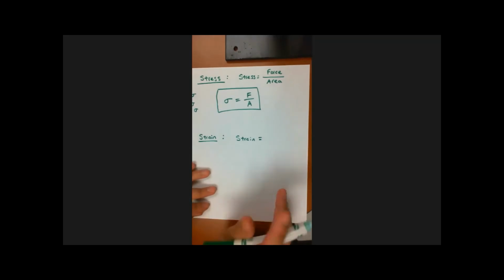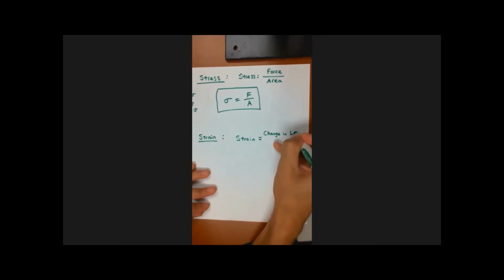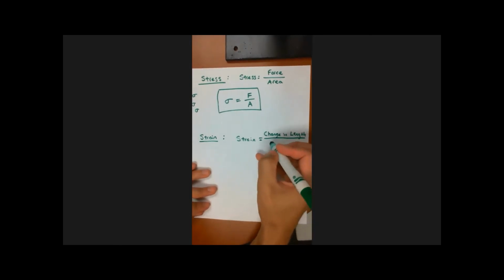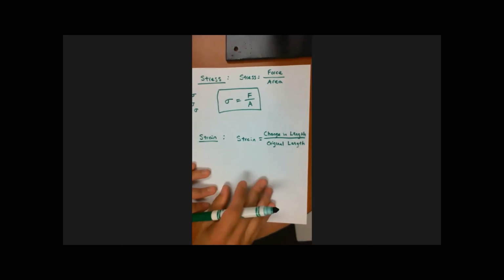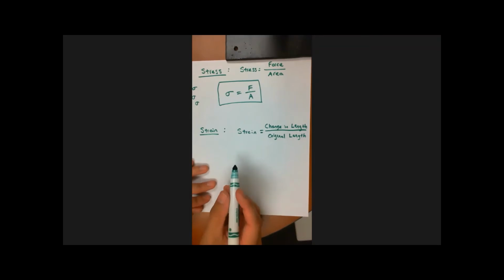Strain is equal to the change in length of a specimen, divided by original length of the specimen. I'll probably never write it out in words like this again.